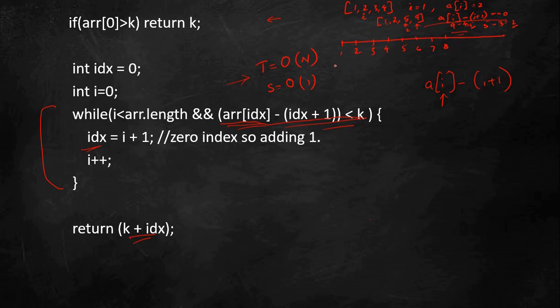So instead of going from left to right, we can always divide and check on this condition, and based on that we can go left or right. So let's see how we can use binary search here.